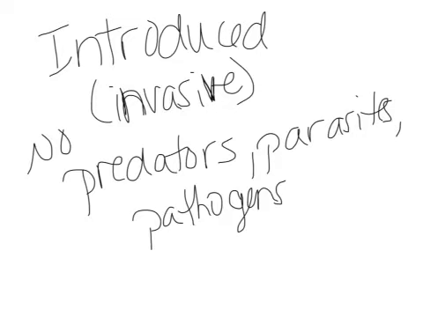So these are all things that would normally limit their population. Okay? And so with an introduced or an invasive species, you have this population come into the environment that has no predators. It doesn't really get sick. It basically doesn't have any of the things that would normally limit a population size. And so now they are preying on the native species.